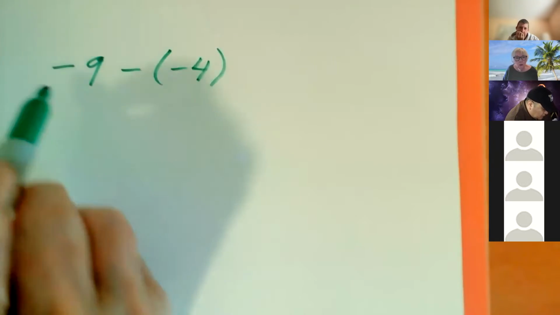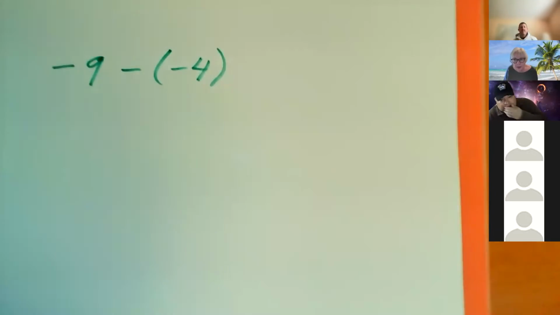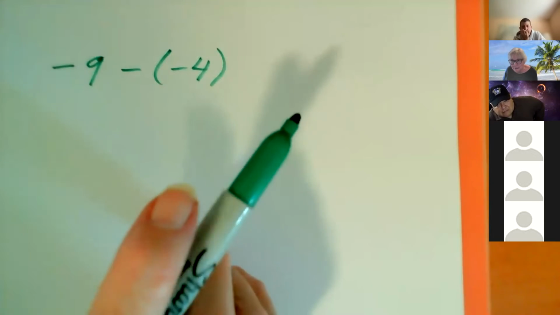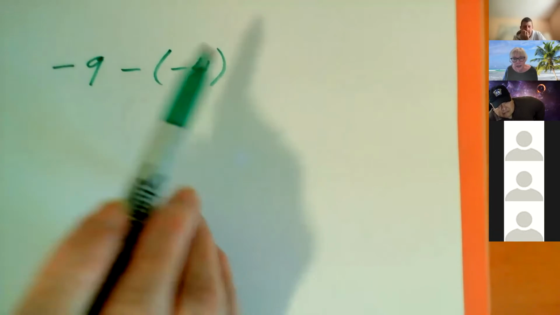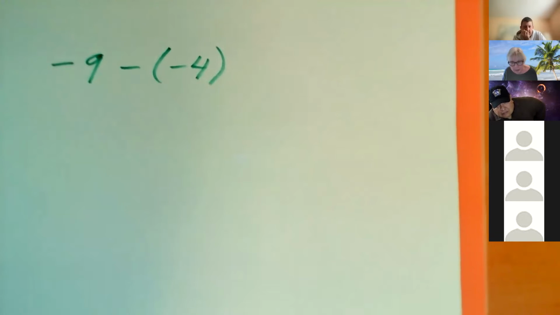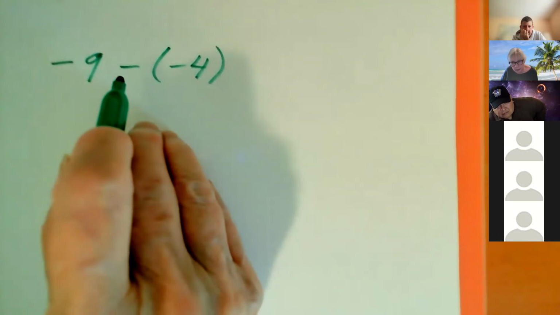See, when you're swimming around in all these negatives, fighting for your life, you're going to need some rules. The answer to this is not obvious at all. So you remember the rules. Oh, it's subtraction, I'm going to make it addition.